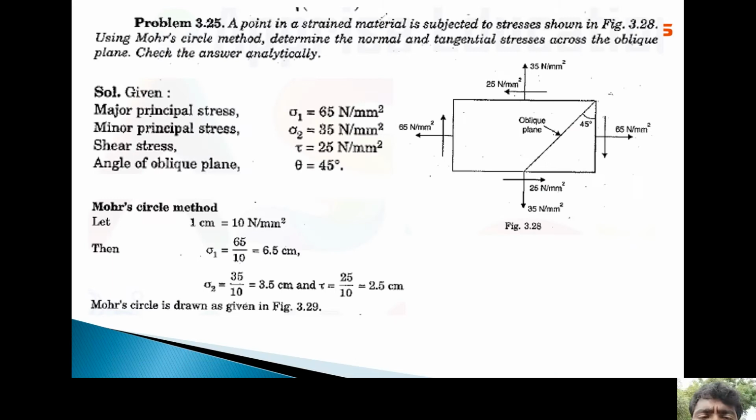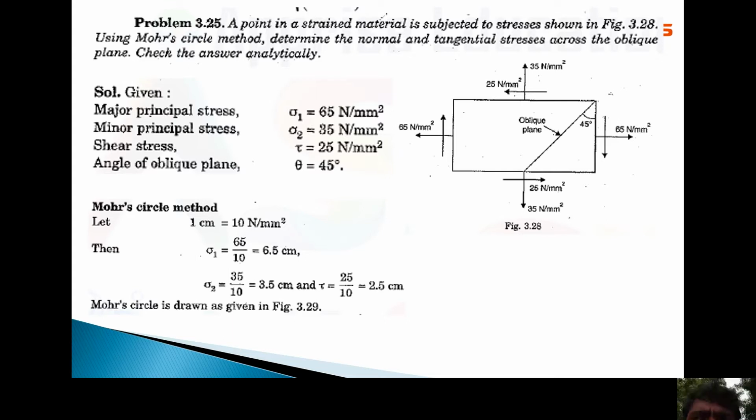Okay, next, the problems on Mohr circle methods. A point in a strained material is subjected to stresses as shown in the figure. By using the Mohr circle method, determine the normal and tangential stresses across an oblique plane, and check the answer analytically.